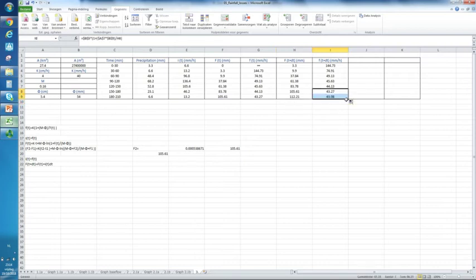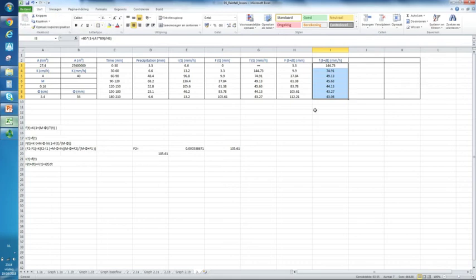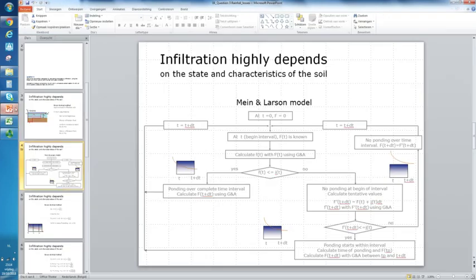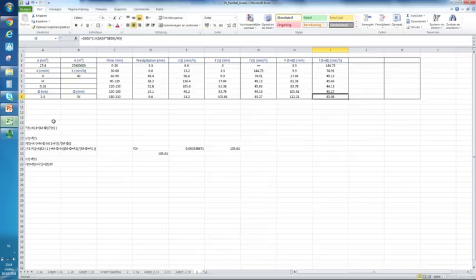The corresponding infiltration capacity will be 43.08, and this is still larger than our rainfall intensity. So we are here at this right hand side of our Mein-Larson scheme. So you see that there is never, in this case, in our exercise, a point where we have ponding during the interval. We always had either ponding from the start of the interval or no ponding at all.